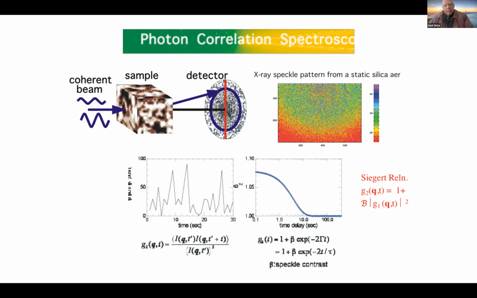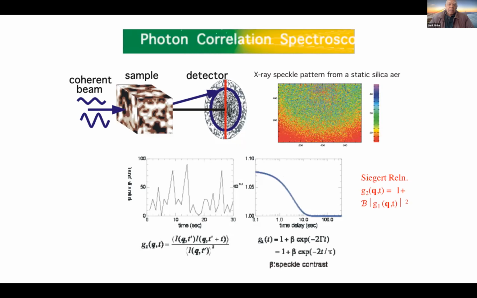And if it's a simple exponential that's relaxing in the sample, then what you get is the modulus squared of that exponential. So you measure the modulus squared of the intermediate scattering function.